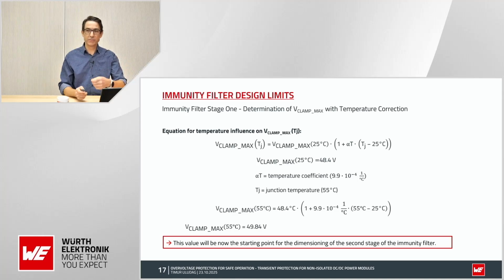Here there is an equation where you can see that we need the 25 degrees value of V-clamp, meaning these 48.5 volts, and then we have to multiply it by a temperature coefficient, and also the factor for the delta between 25 and 55 degrees.